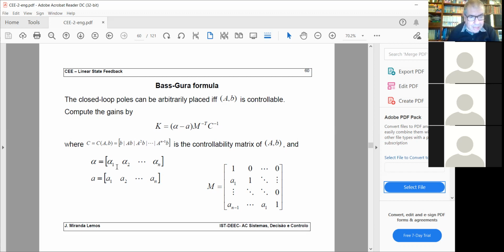So if you make this very different, alpha minus A will be very big, and K will also be very big. So if your closed loop poles are much faster than the open loop ones, then the gains will be very big. Do you understand this? Is this clear?